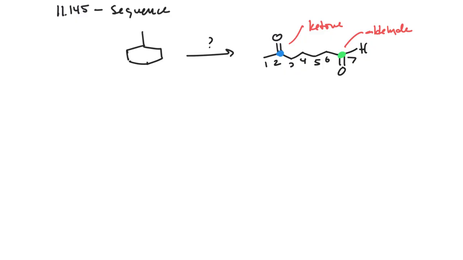Really I want to say red flag, but that's not the right word. The marker is that methyl group at position 1. So this methyl group in the product, when we trace back to the starting material, we see a methyl group there.